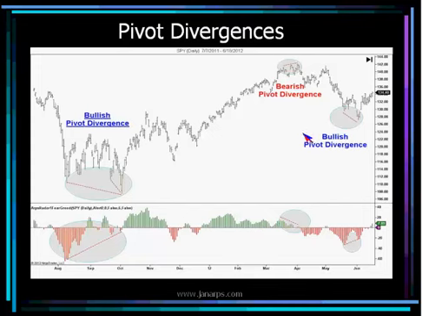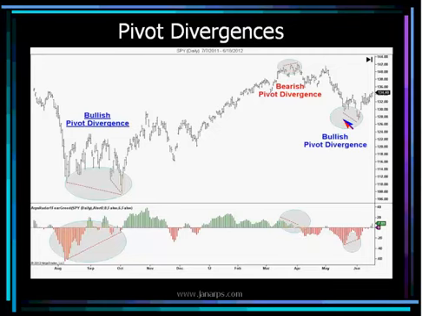Here's a few more quickly on the Spider ETF. You can see a nice bullish pivot divergence back here last year when it kept making lower lows in the price and higher lows in the Radar 1 Fear Greed indicator. A similar bearish pivot divergence up here last April, and again in June.